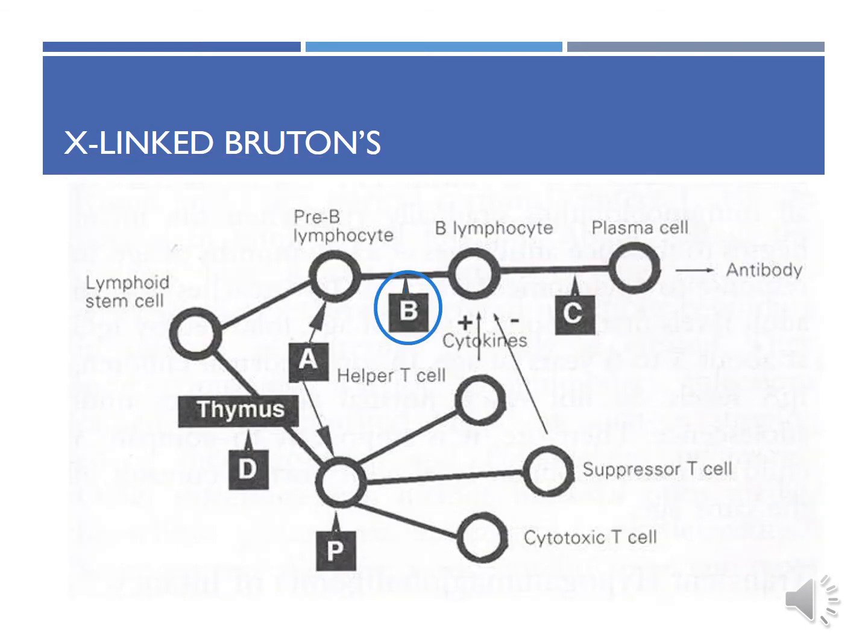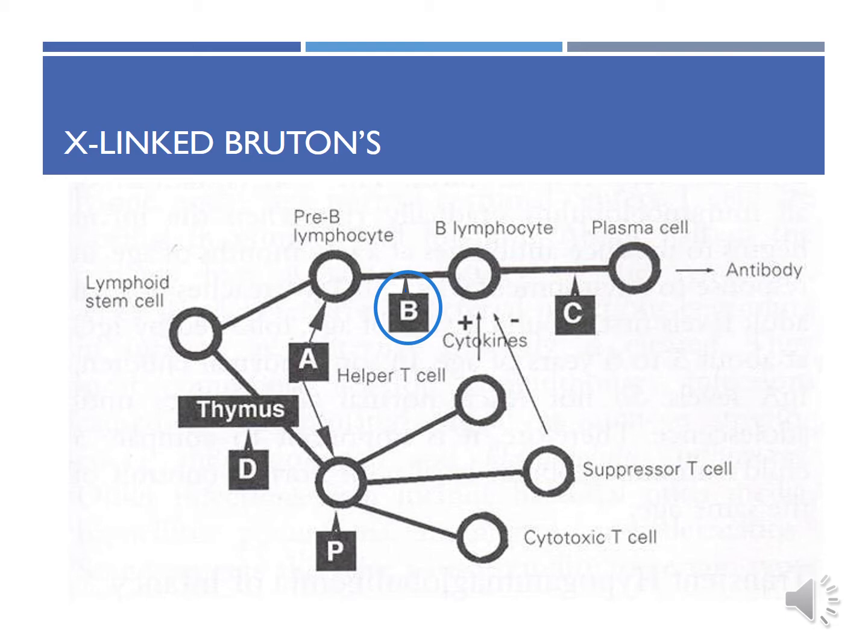Here's our chart, our diagram. We can see that the B is circled for Bruton's. This is X-linked Bruton's agammaglobulinemia, and anything after that B to the right, the B lymphocyte, plasma cell, and antibody, patients with this particular disease do not create. We have our lymphoid stem cell.